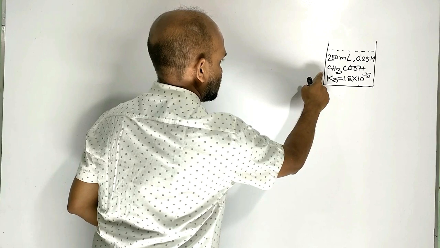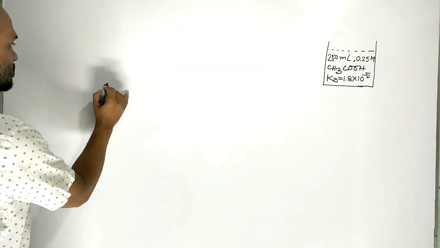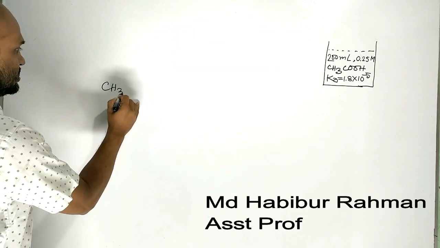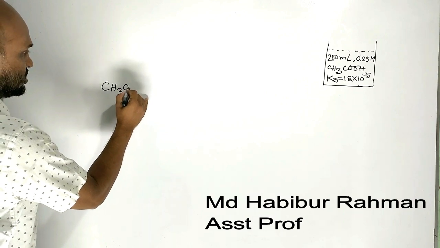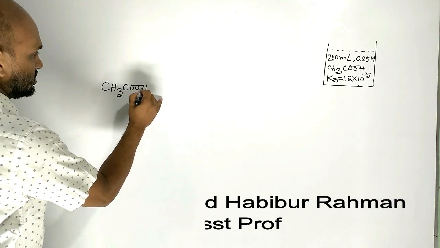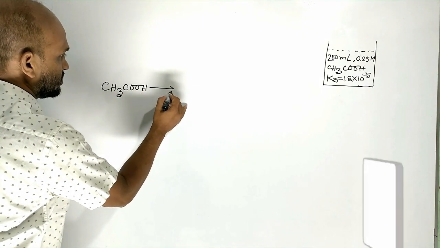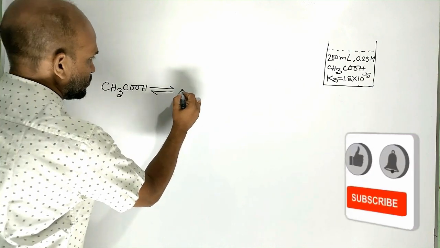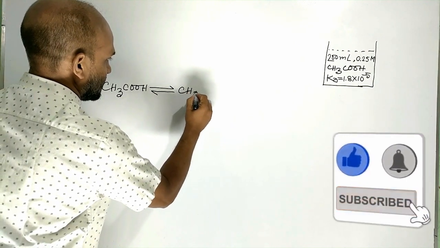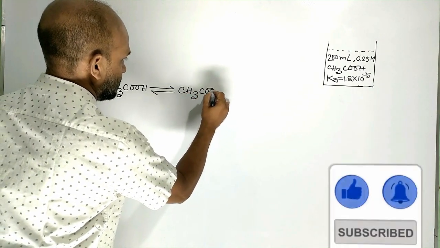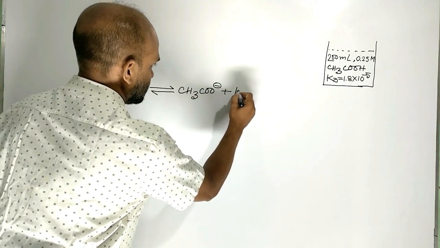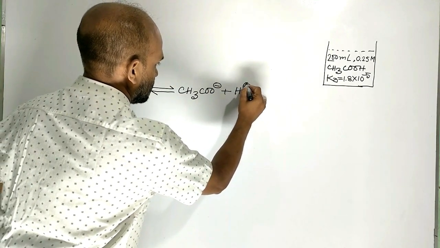In the solution of acetic acid, we know acetic acid is a kind of weak acid, so it ionizes partially to form acetate ion and proton.